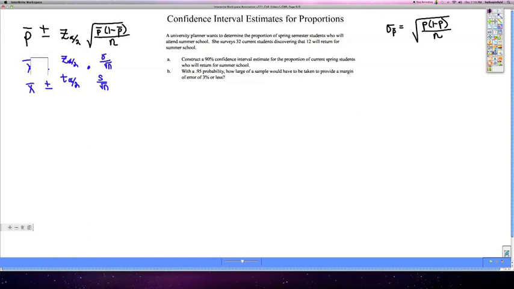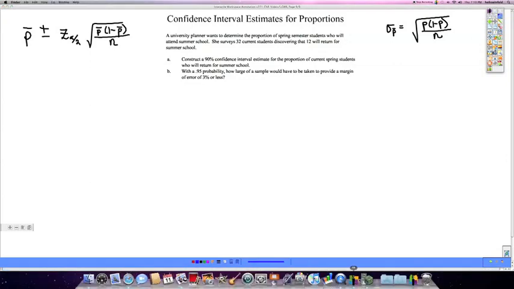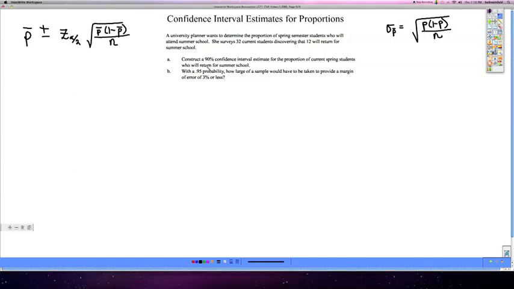Now, I'm going to take this out because it's not necessary for our work, and we will continue on with the problem. Part A says construct a 90% confidence interval estimate for the proportion of current spring students who will return for summer school.